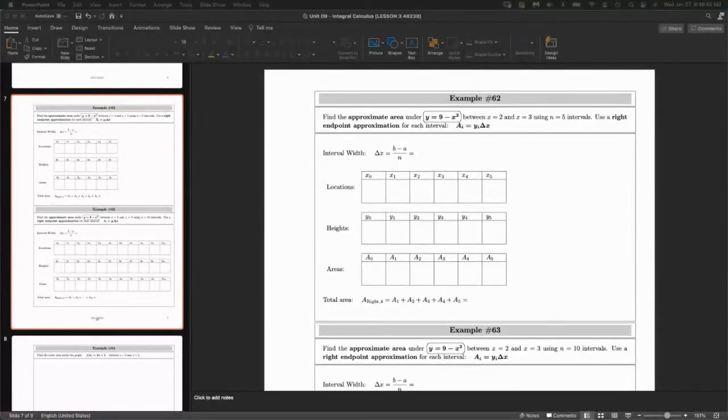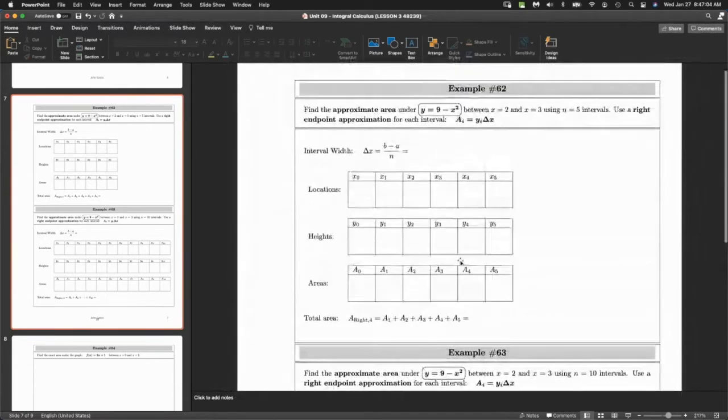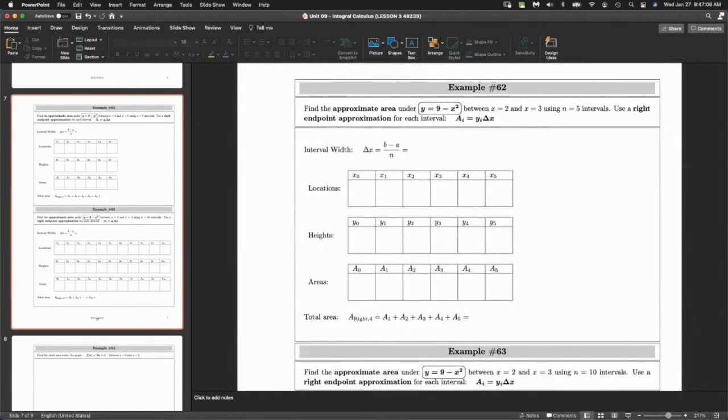But that's not my exercise here. Your ultimate goal coming out of this course is that you understand a little bit about antiderivatives and how they relate to areas. So let's hammer out question 62 together, and then after that, I'll talk to you about next steps.